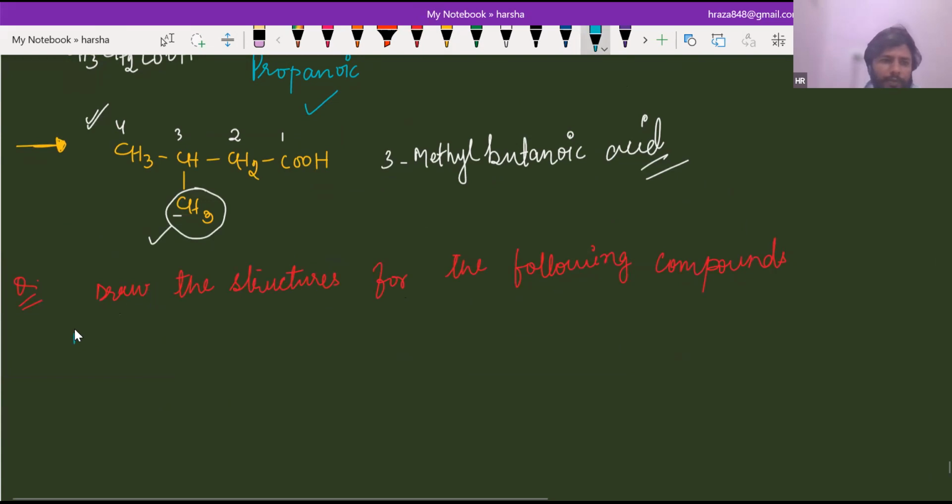So I will just give you an IUPAC name like ethanoic acid. So first you need to write its chemical formula, then write down the structure. And if you are unable to do this, just let me know, I will explain it. Just don't waste time.